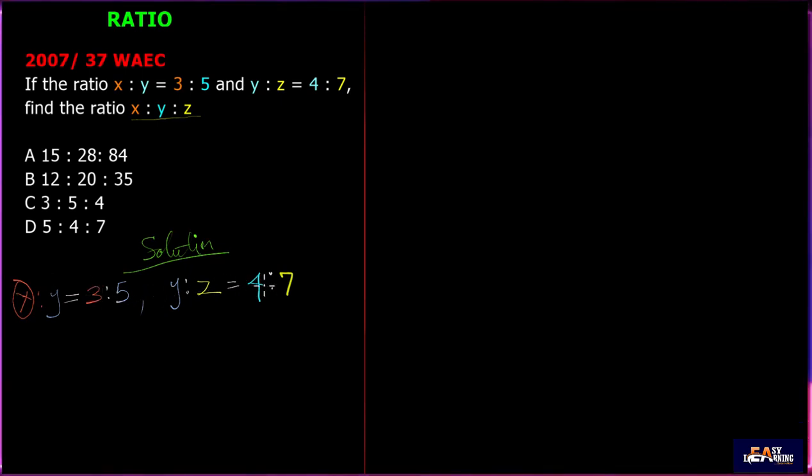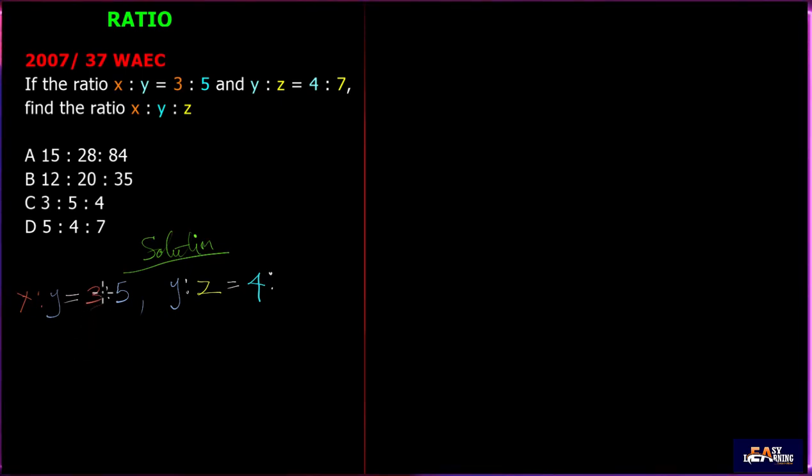No other x, meaning we have one value for x, and that one value for x is this 3 here.